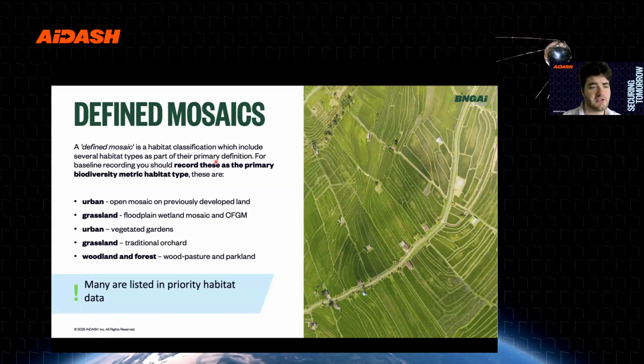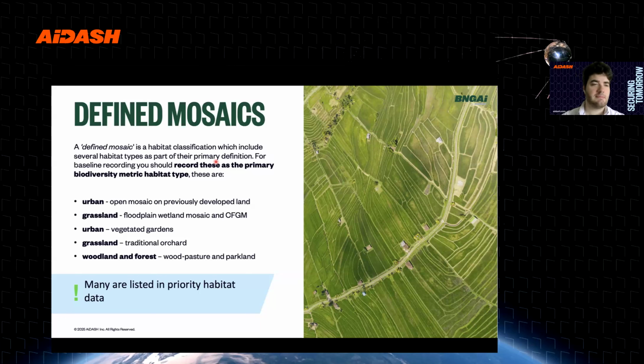That's one of our mosaic habitats that has grasslands in it, but also a dense canopy of traditional orchard trees, fruit trees. Or we might have a floodplain wetland mosaic that includes a bit of wetland, grassland, ditches, ponds, pools, things like that.